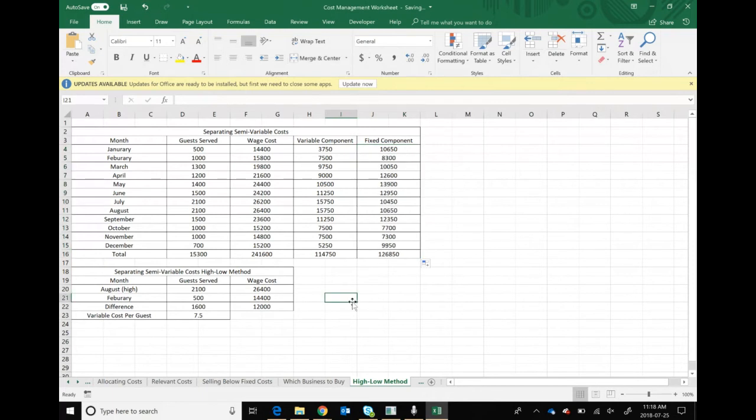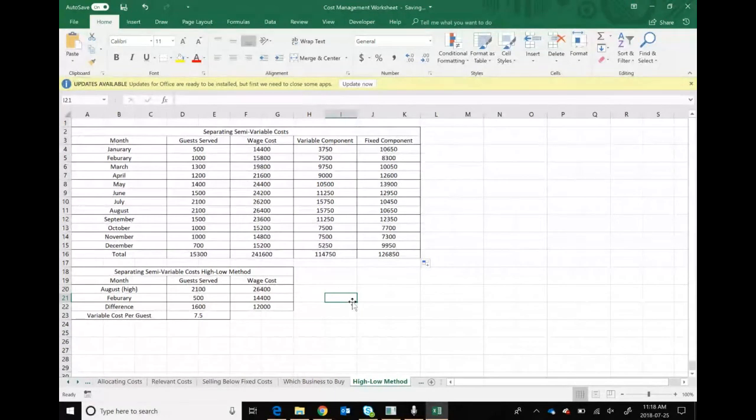We have both the variable and fixed component of our labor. We've taken a semi-variable cost and separated it into the variable component and the fixed component so that we can lump those costs into this equation here, being either fixed or variable. However, we still have more methods to go.